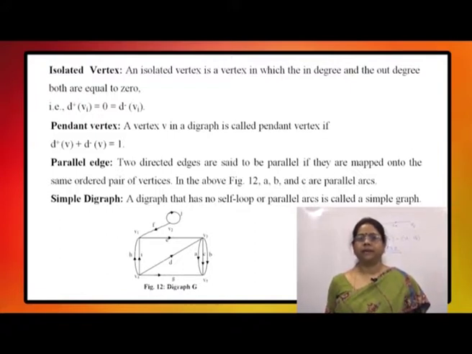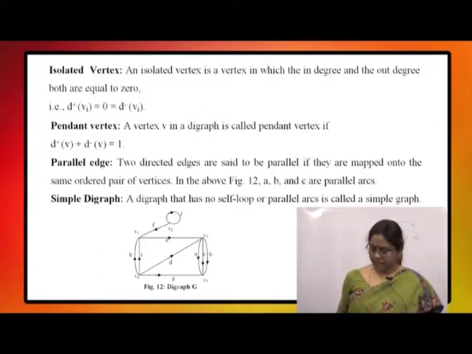So they are parallel edges in the digraph G. In the same way as in undirected graph, we define here simple digraph which has no self loop or parallel arcs.